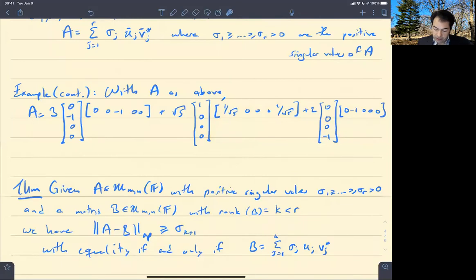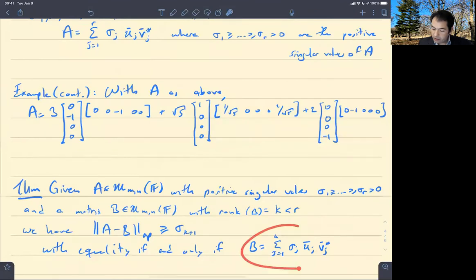Okay, so if you want to approximate in the operator norm your matrix A with a matrix of smaller rank, then the closest you're going to be able to get is sigma K plus 1, right? Any matrix of rank equal to K, this difference is going to be at least that big. And this is an achievable bound. So if you pick this matrix, then the distance will be exactly sigma K plus 1.